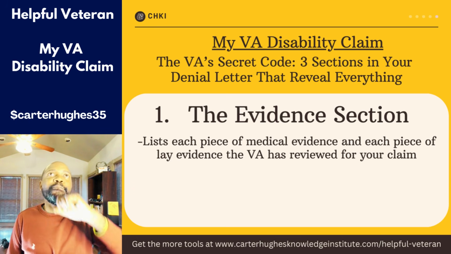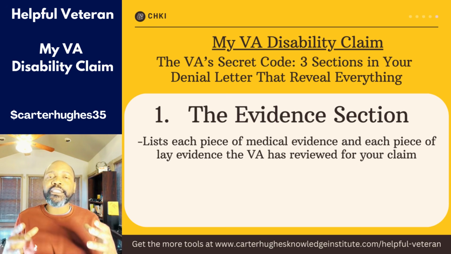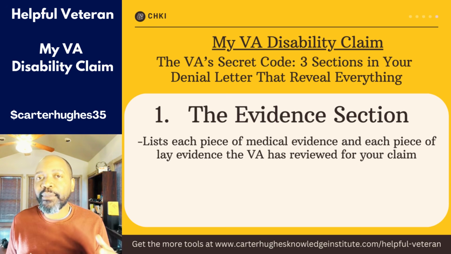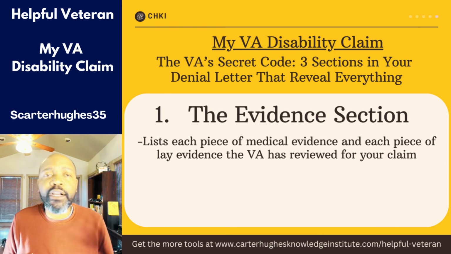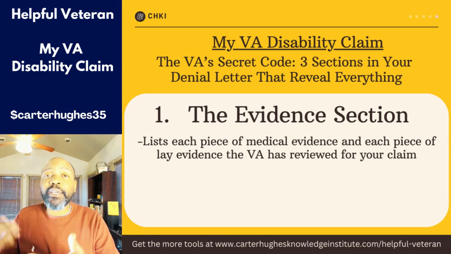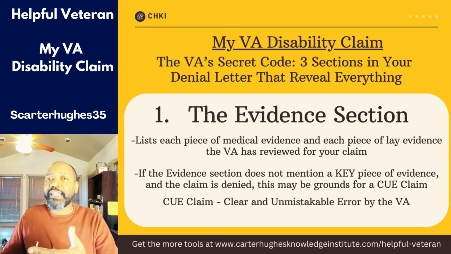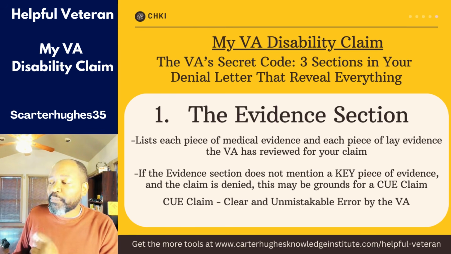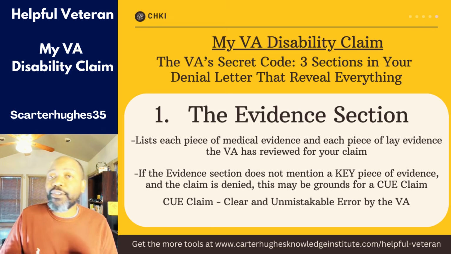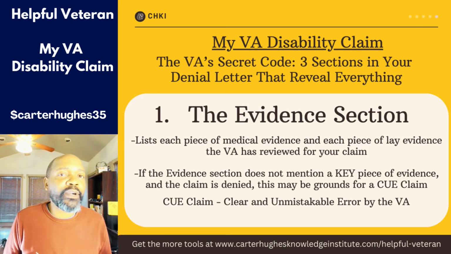What that means is the VA had evidence in their possession that should have allowed them to grant the claim, but they still denied it. Best way to pull this off from what I've seen is if it's missing in that evidence considered area. If you have something that's not there, the claim gets denied, but you understand this piece of evidence could have flipped that denial to an approval, what you may have is a clear and unmistakable error claim.